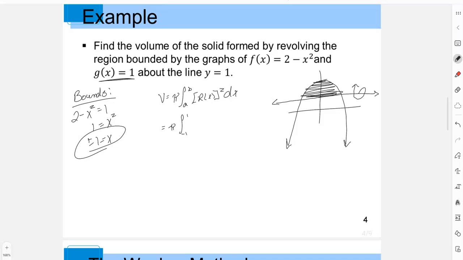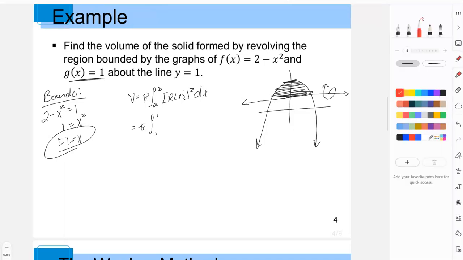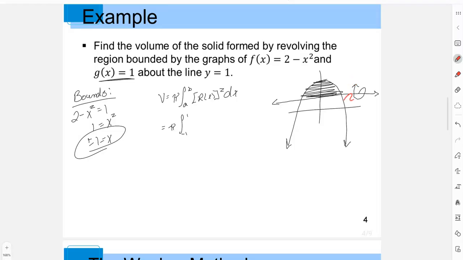So when I slice this, I'm going to rotate it, and it's going to look almost like a ball, if you will. And I'm slicing it perpendicular to the axis of revolution. The height, well, let me refer to it as a radius.